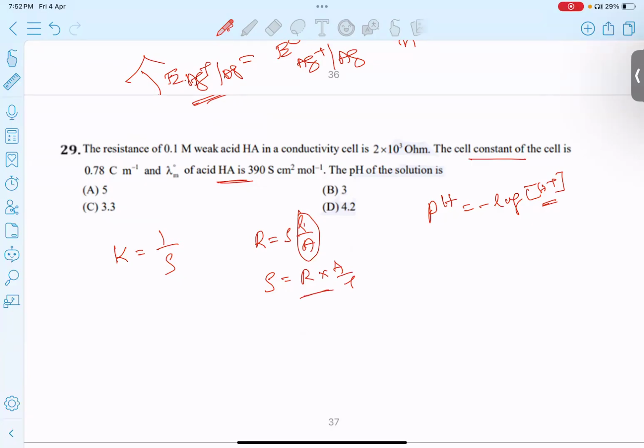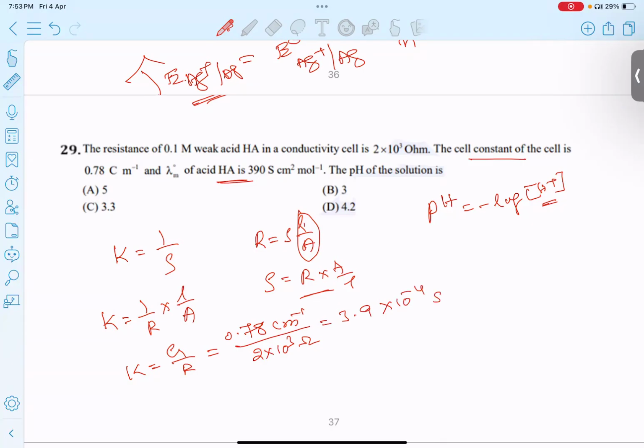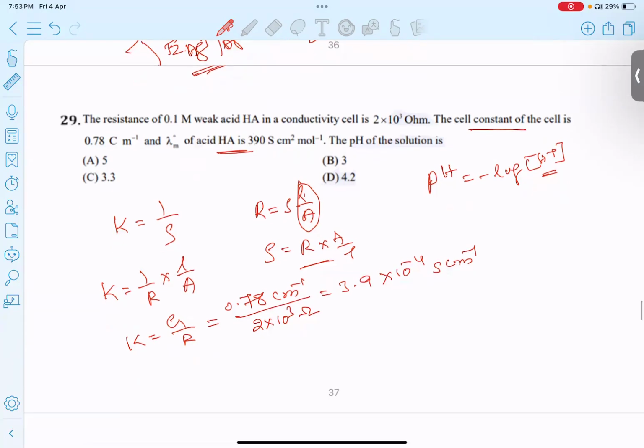Substituting the value of rho, kappa is equal to 1 by R into L by A. So kappa is equal to G into 1 by R, where G is the cell constant, that is 0.78 per centimeter. The resistance value is also given, that is 2 into 10 to the power 3 ohm. The answer is 3.9 into 10 to the power minus 4 Siemens per centimeter.